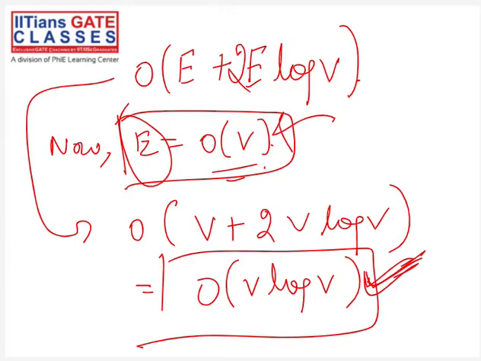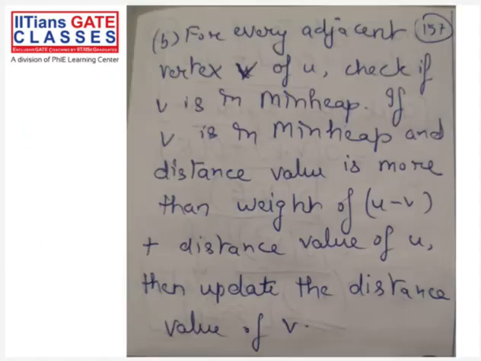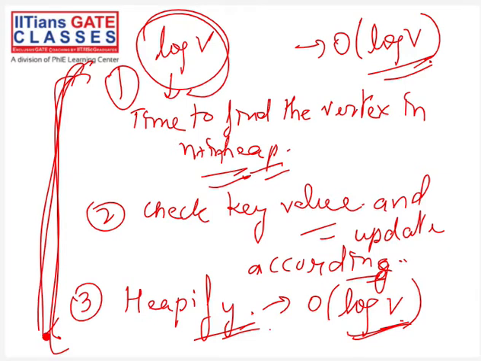Okay, so Sai, log V you understood? Okay, so see, I am doing this log V task, this task that I wrote in this slide, for every particular edge, right?